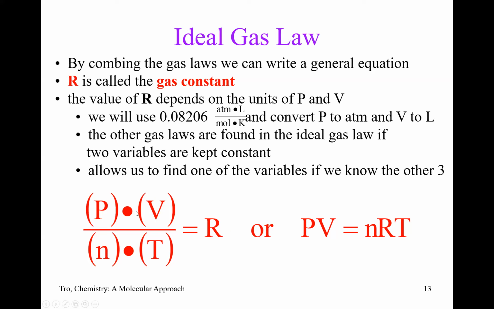If you rearrange it like this, PV over nT is equal to a constant. So if it's constant, then just like the dilution equation, M1V1 equals M2V2, P1V1 over n1T1 would be equal to a constant. Thus, it would be equal to P2V2 over n2T2.